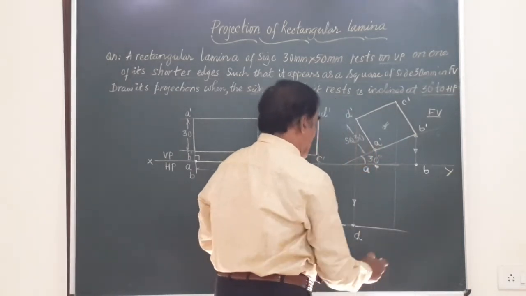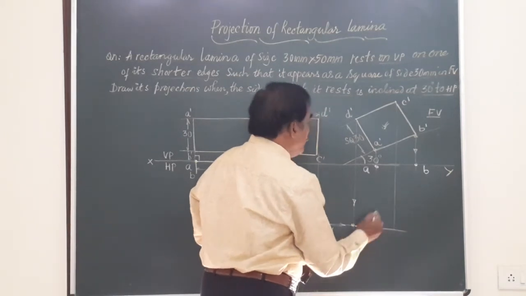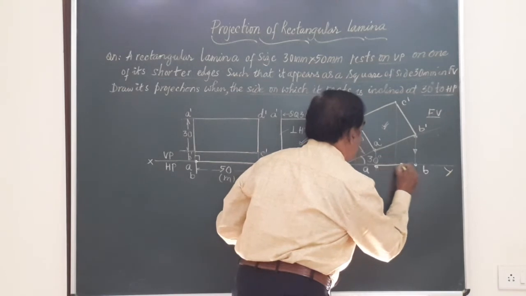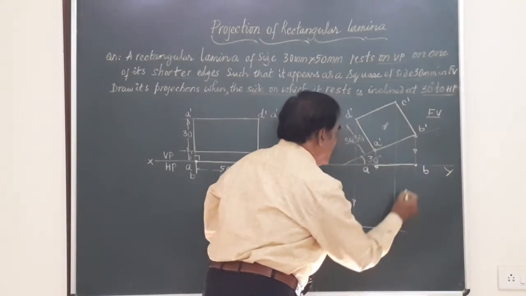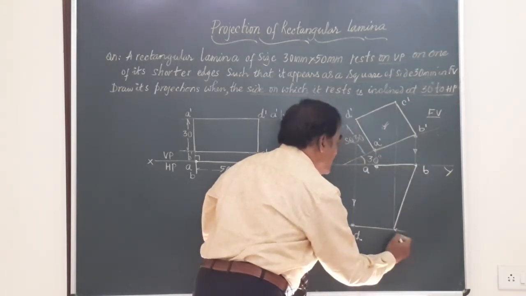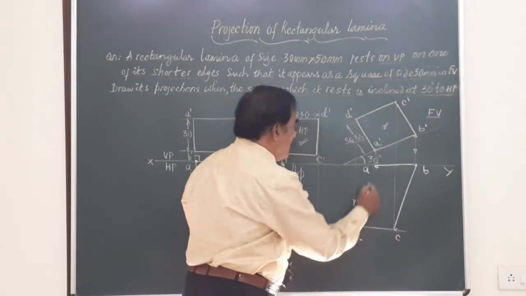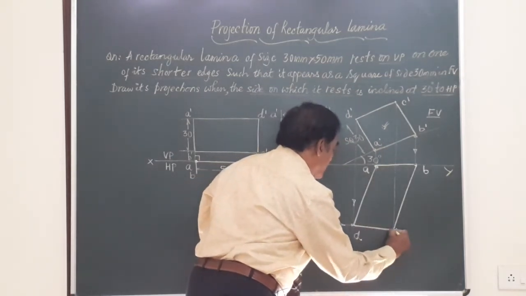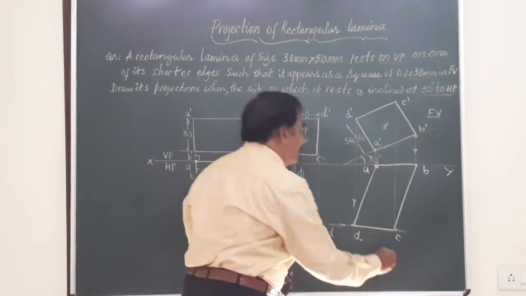So here I am going to join A to B. This is one edge, A to B. This is C. So I am going to join B to C and then A to D. This is also joined. So friends, we have got the final top view.